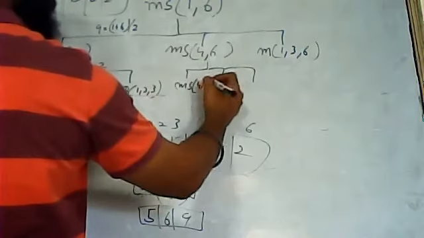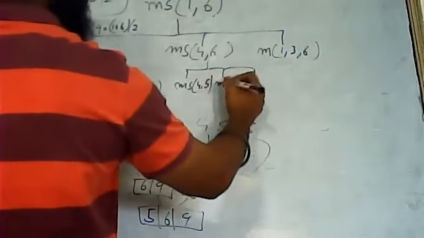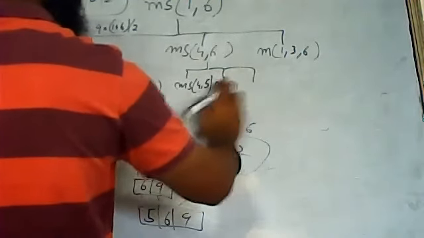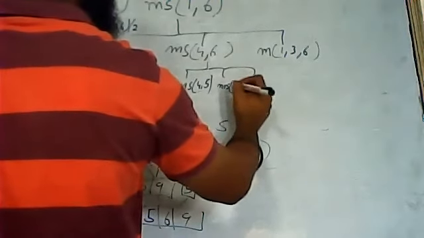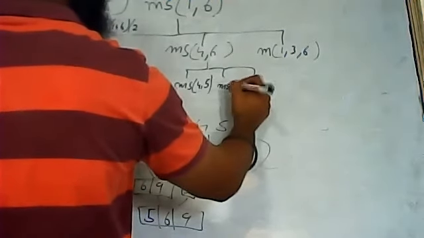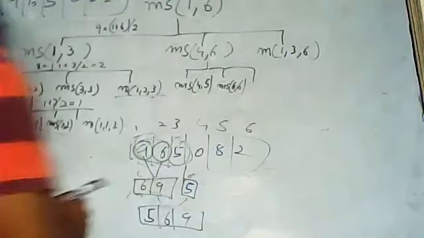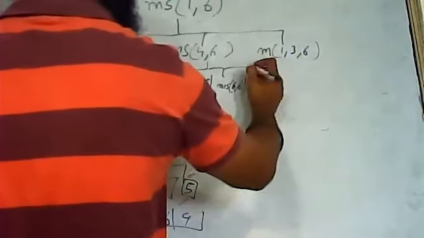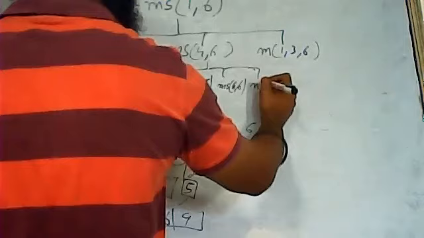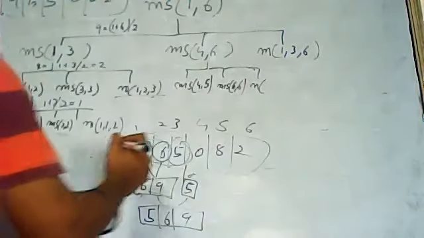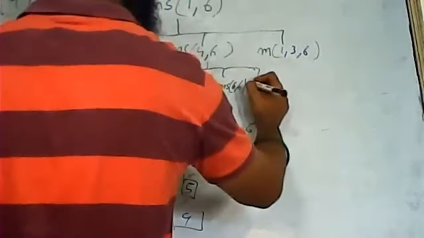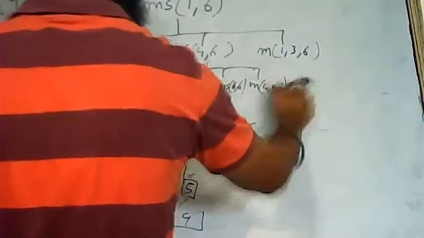So this is merge sort from 4 to 5, and this one is merge sort for 6 to 6, that is Q plus 1 to R, and the merge procedure will be called for 4 to 5 and 5 to 6.